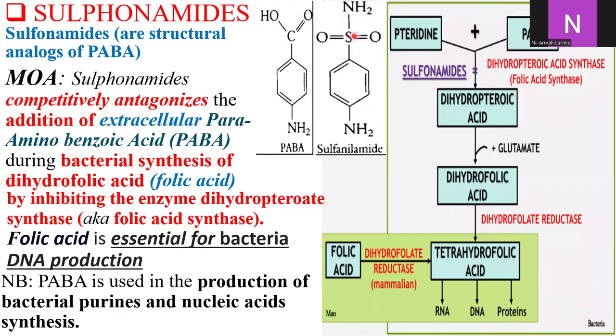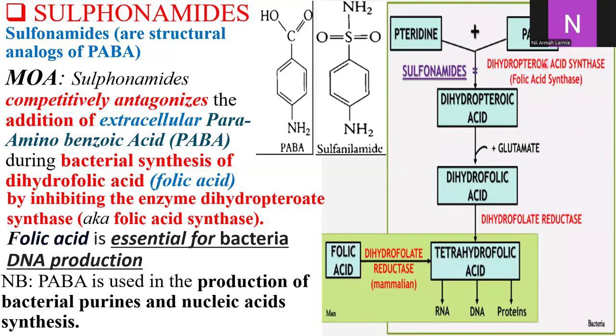All right. So once a patient takes in a sulfonamide, it competitively inhibits the enzyme. And basically, when we say competitively, it means that together with intracellular PABA, they compete for the site of the enzyme, the folic acid synthase.